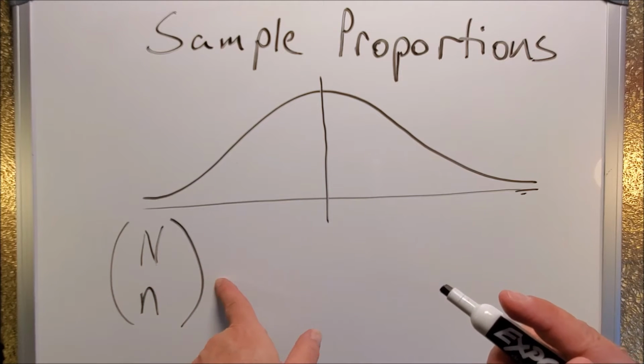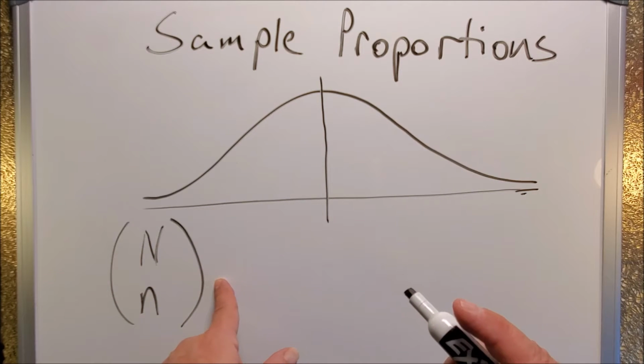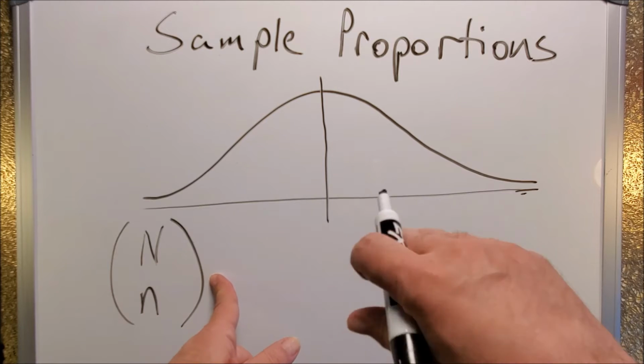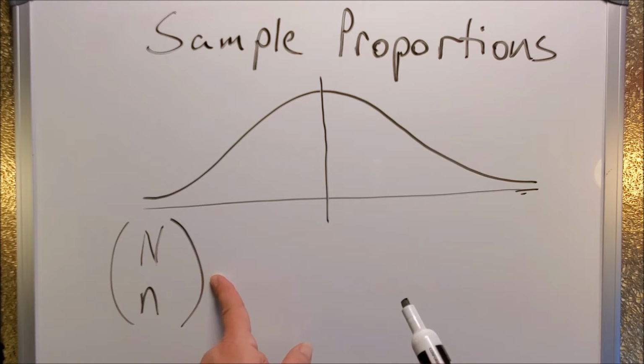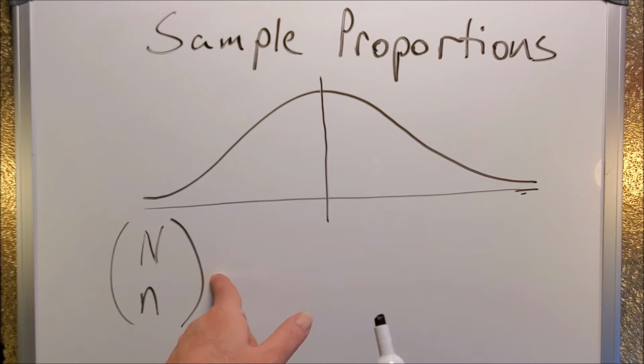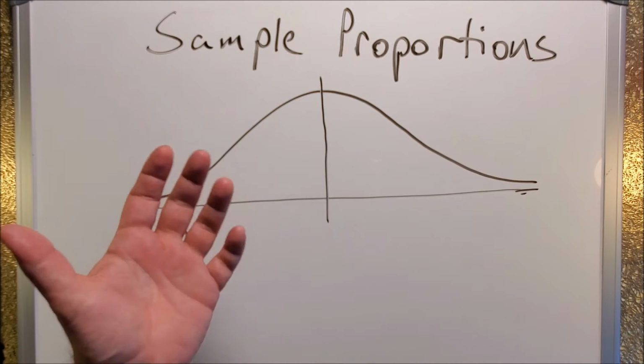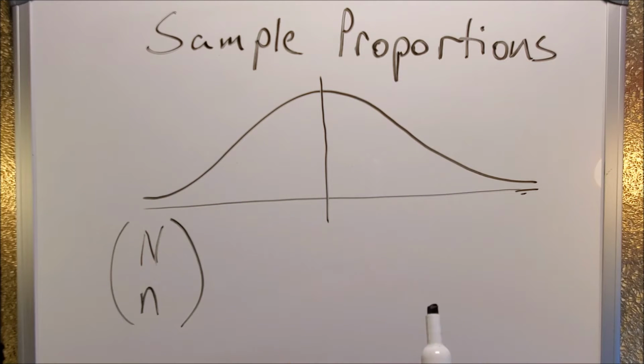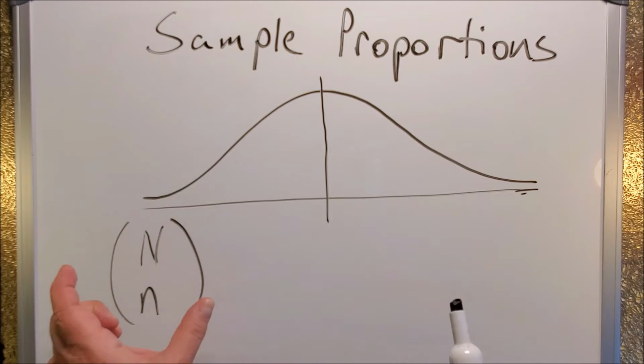If that isn't clear to you, message me or send a comment at the bottom and I'm going to answer you. It's not that important for you to understand that at this moment. But that's going to be the number of samples possible of some given size from some population. Point is, right now, a huge number.